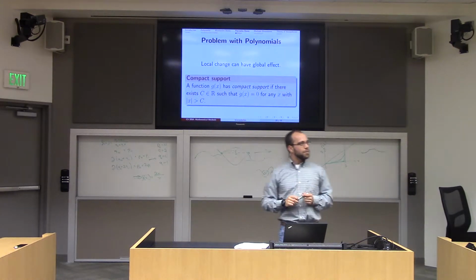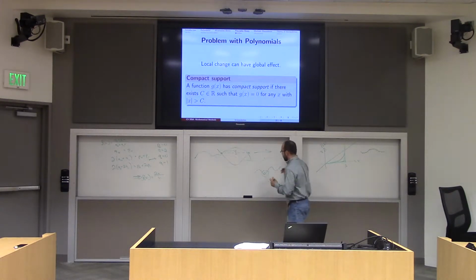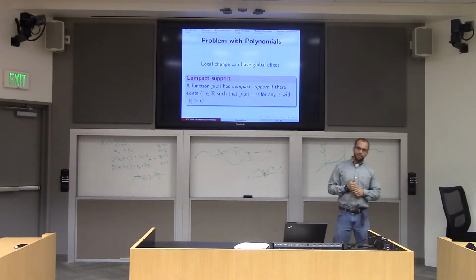And so what happens when I write functions in the polynomial basis is that the influence of this one data point has to do with everybody else along the entire number line, because the functions that touch this data point are the same as the functions that touch this data point, that data point, and so on. So this is a big issue when you're doing interpolation, that our basis functions have infinite support.